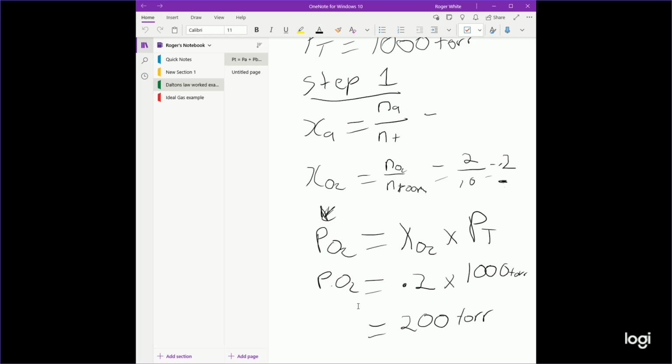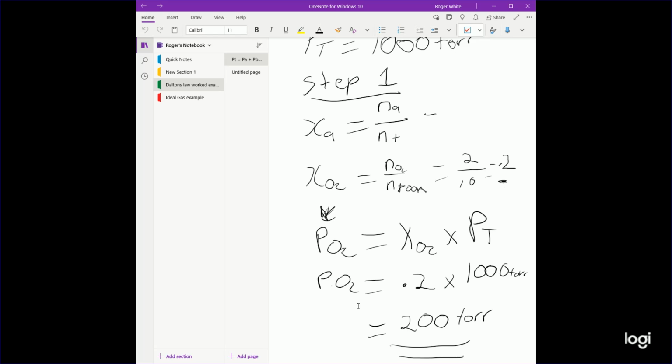200 torr. Now I could go through the next two molecules and bore you, but you've got the gist of it there. If we go through it very quickly, we know that 2 moles of nitrogen is going to work out exactly the same. So 2 moles of nitrogen is the same as the 2 moles of oxygen, and your 6 moles of argon, well, that's going to be 3 times as much.